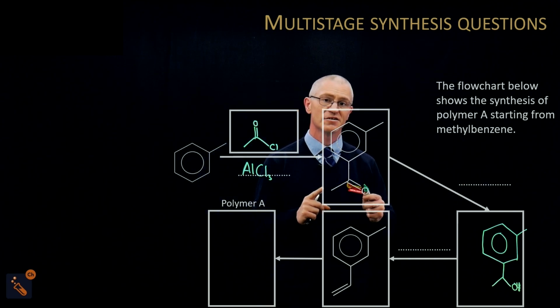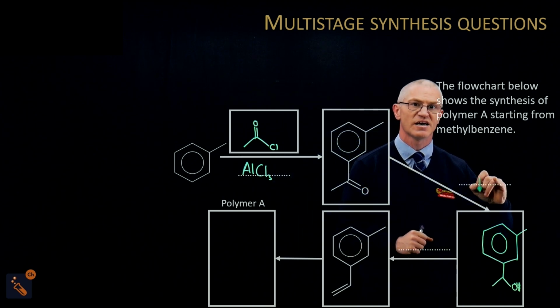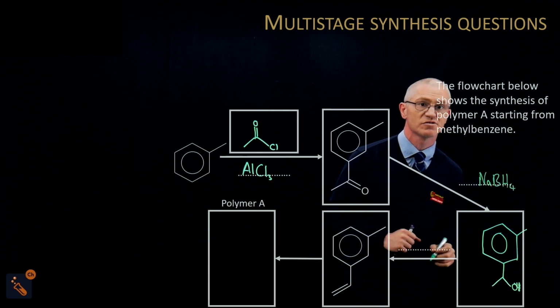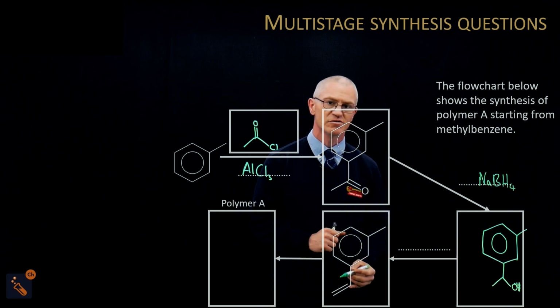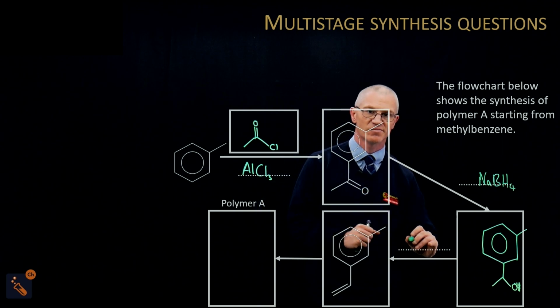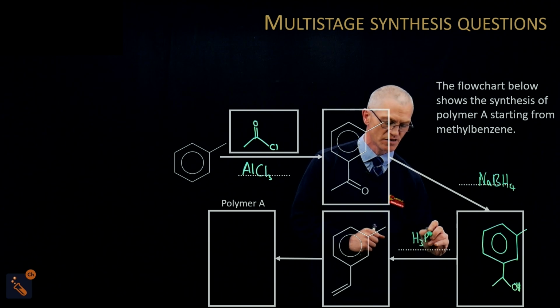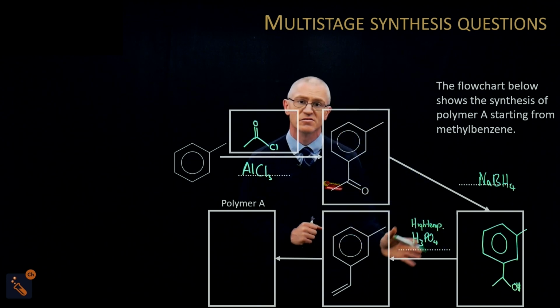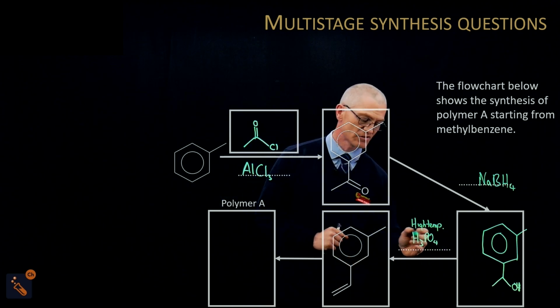We need to turn a ketone into an alcohol. And if you're turning a ketone into an alcohol, that is going to be NaBH4, or sodium tetrahydroborate. We then want to go from an alcohol to an alkene. If we want to go from an alcohol to an alkene, it is H3PO4, and it's a high temp. So again, that is dehydration, and really important.